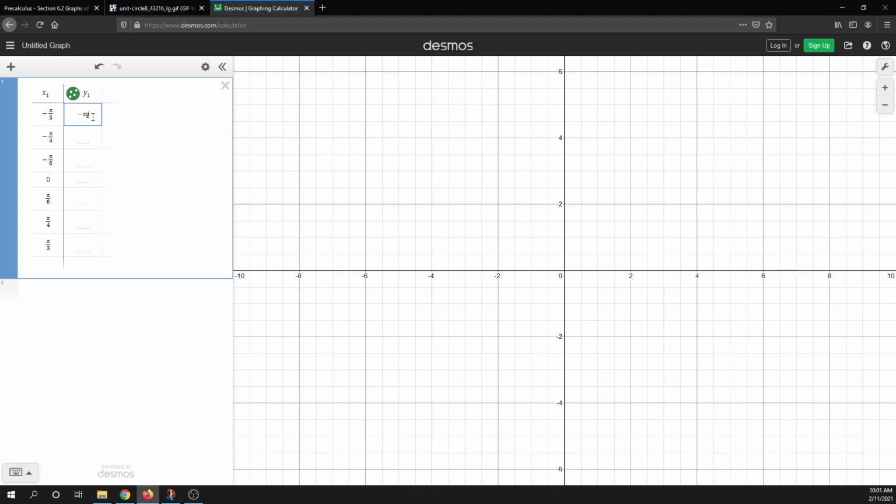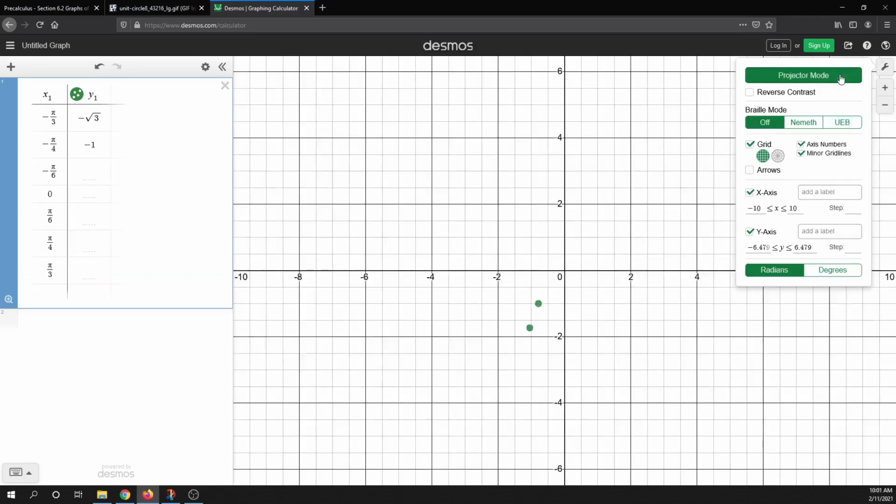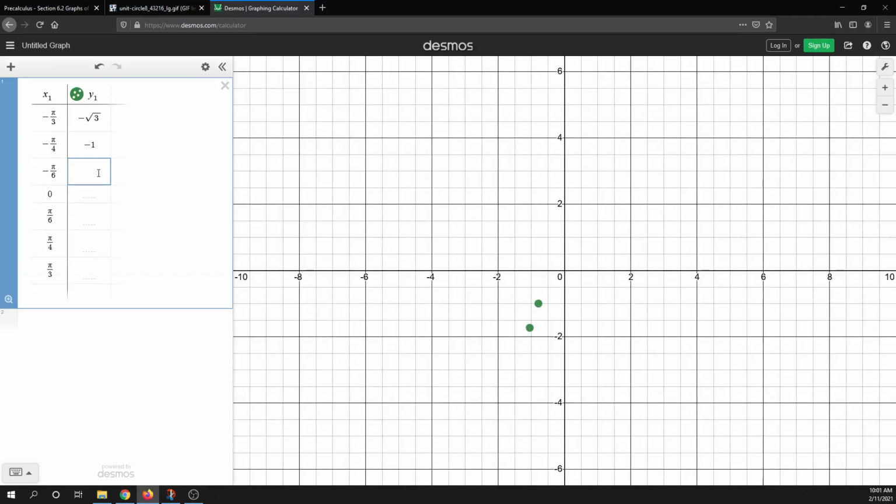All right, so I get minus square root 3, minus 1, minus square root 3 over 3, 0, square root 3 over 3, 1, and square root 3.